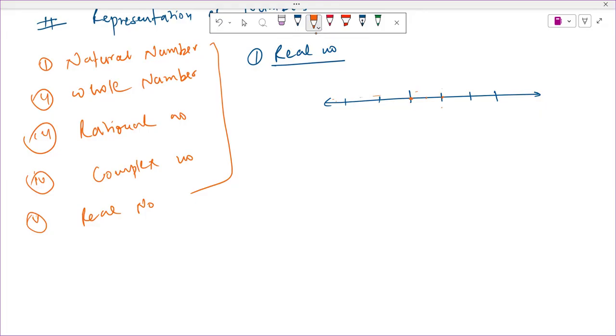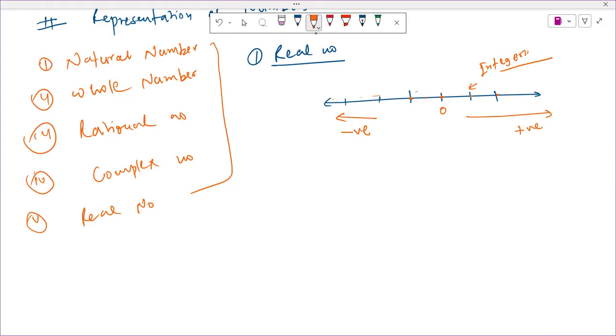Let's say if we assign this particular position to 0, then this side we can have positive numbers, and this side negative numbers, right? Now if something is here and something is here, these positions are called integers.